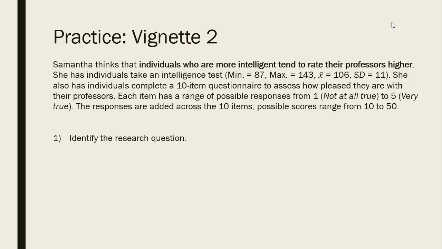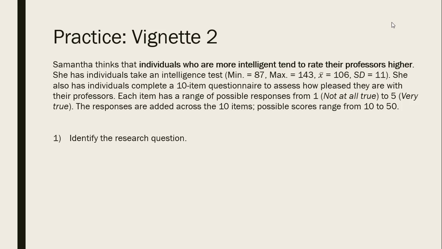X bar here, that's the mean. So X bar is 106, standard deviation, this is the standard deviation SD of a sample, is 11. She has individuals complete a 10-item questionnaire to assess how pleased they are with their professors. Each item has a range of possible responses from 1, not at all true, to 5, very true, and the responses are summed across the 10 items so that the possible scores range from 10 to 50.